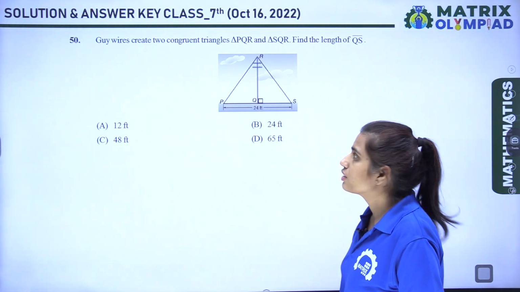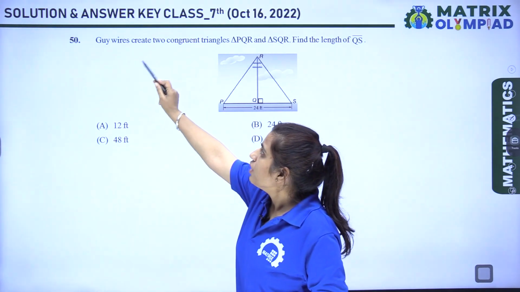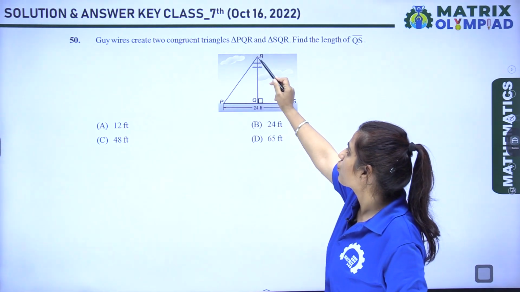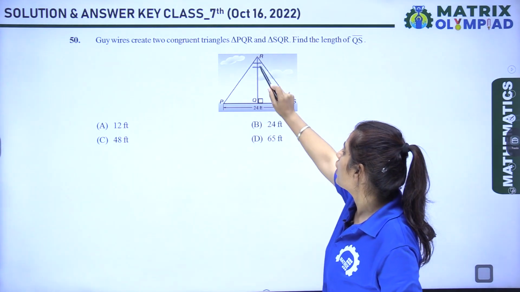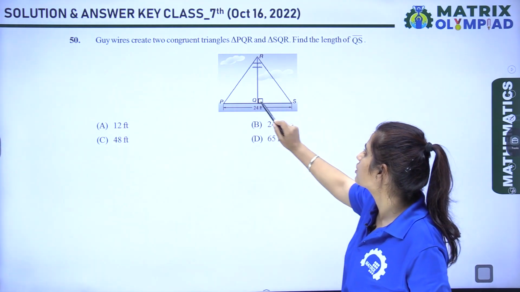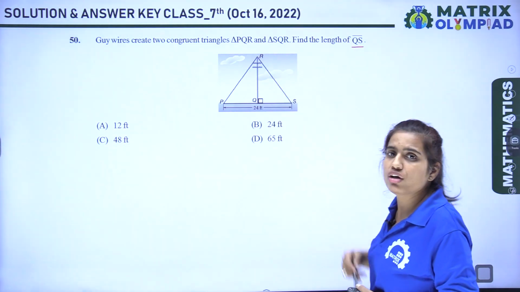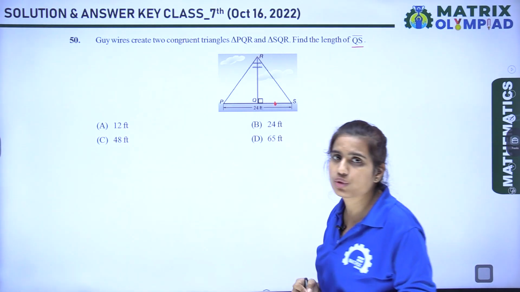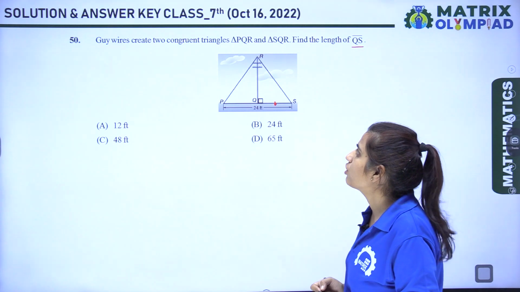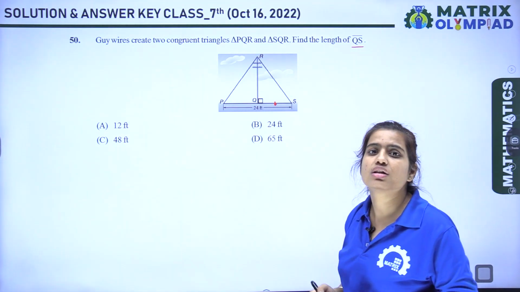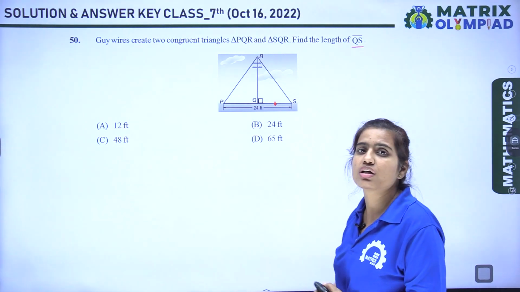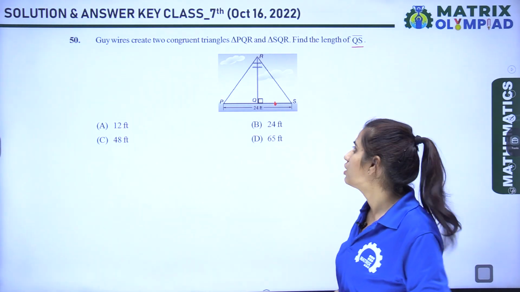Next question is, guy wires create two congruent triangles, that is triangle PQR and triangle SQR. Find the length of QS. So here we have to find out the length of QS. And we know that in congruent triangles, all the sides and all the angles are congruent to the other part of the triangle.